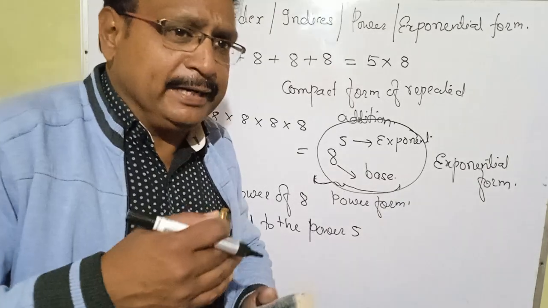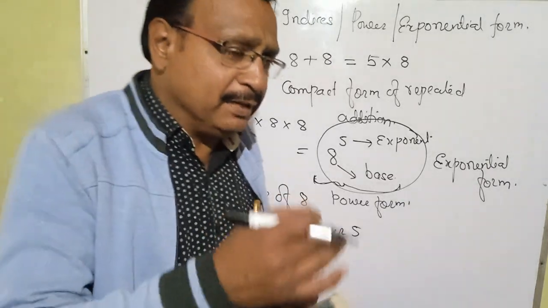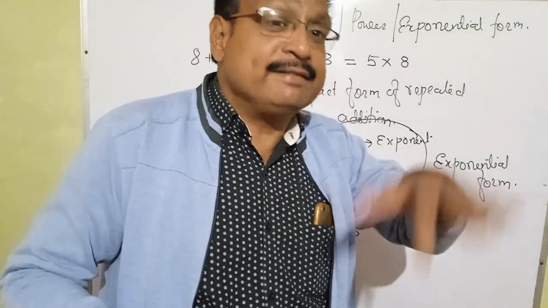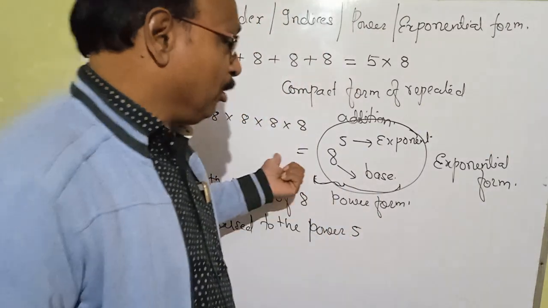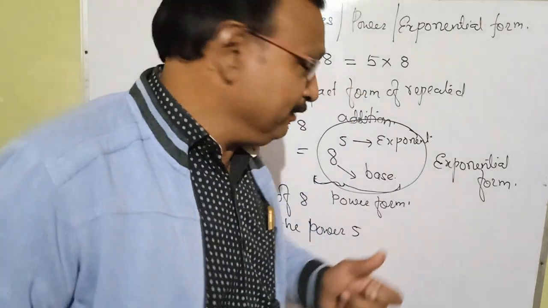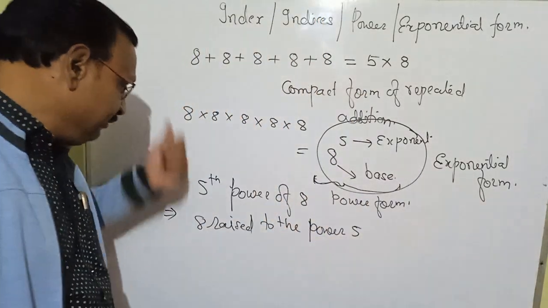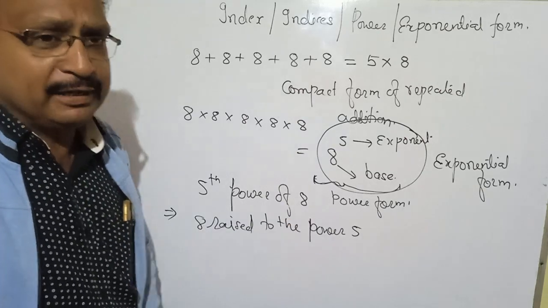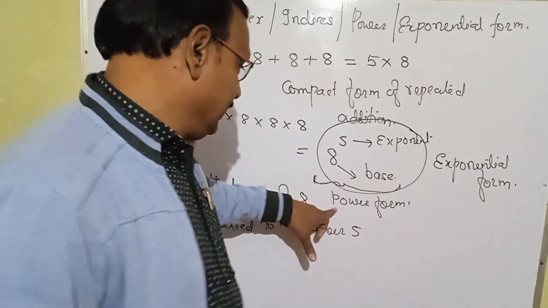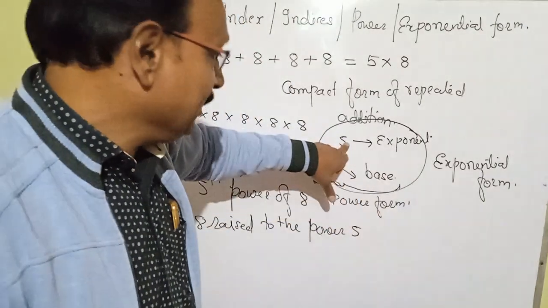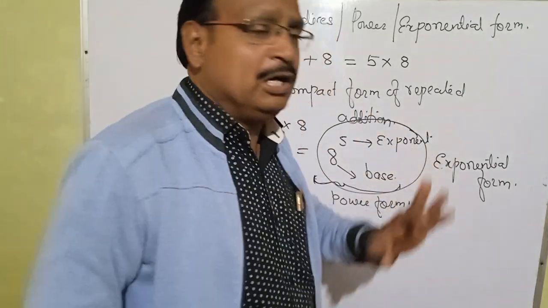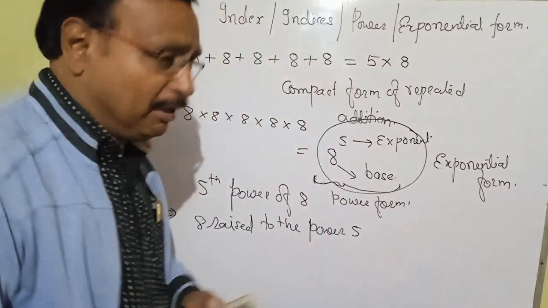When we write a repeated multiplication, a number indicating how many times it is multiplied by itself, we write it in compact form, 8 to the power 5, or in another way the fifth power of 8, or 8 raised to the power 5. Both ways are called power form. And 5 is its exponent, 8 is its base, and this form is said to be exponential form or power form.